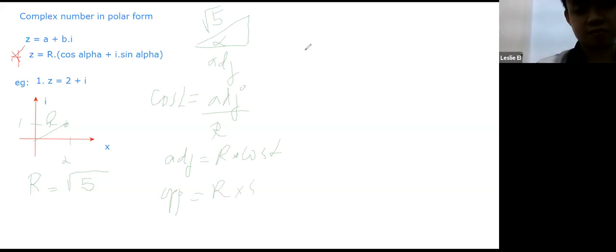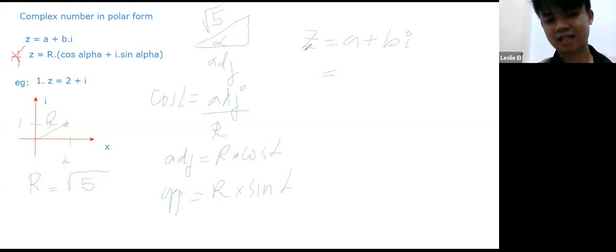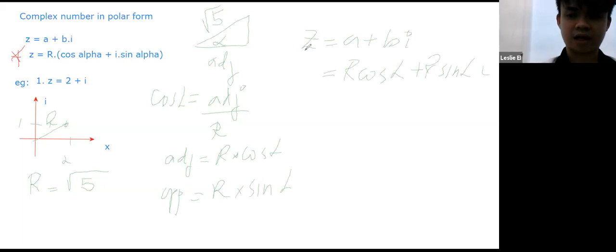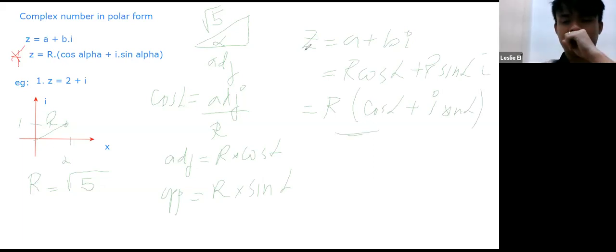So it becomes r times sine alpha. Your complex number at the first place is z equals a plus bi. Your a is on the x-axis because it's the real part, so the x-axis in this case is r cos alpha. And the b is the y, the imaginary one, the opposite side, which is r sine alpha, and there's an i there. So I can take out the r, leaving cos alpha plus i times sine alpha. That's how I got the expression.